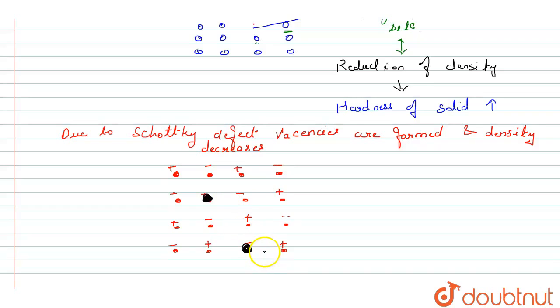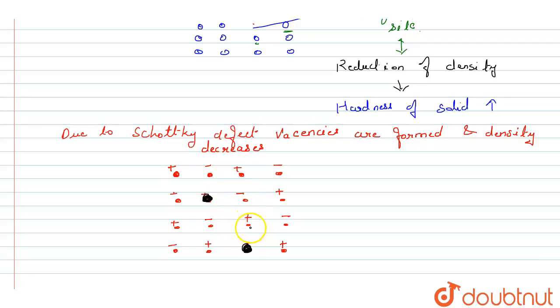Suppose this positive ion is removed from this place, and this negative ion is also removed from its place. Schottky defects are more common in ionic compounds with high coordination numbers, where the sizes of the positive and negative ions are almost equal. The presence of a large number of Schottky defects in a crystal results in a significant decrease in its density.